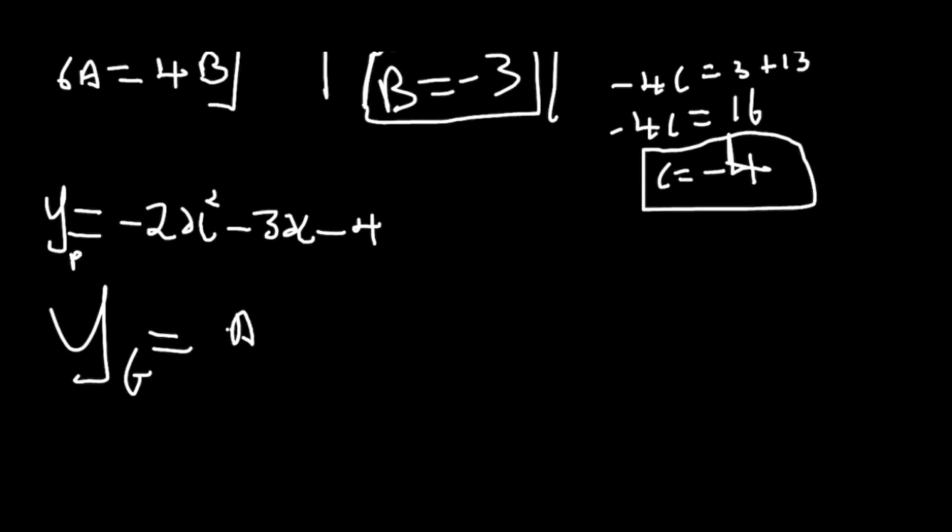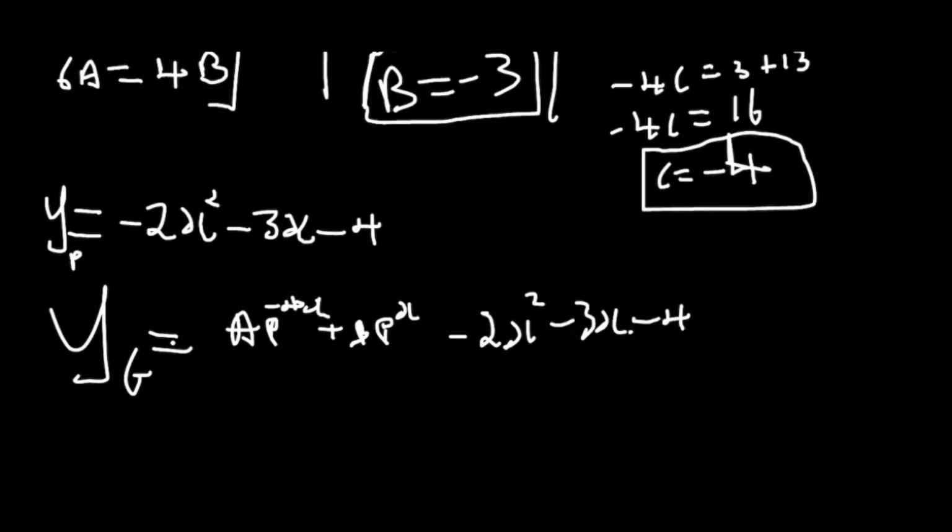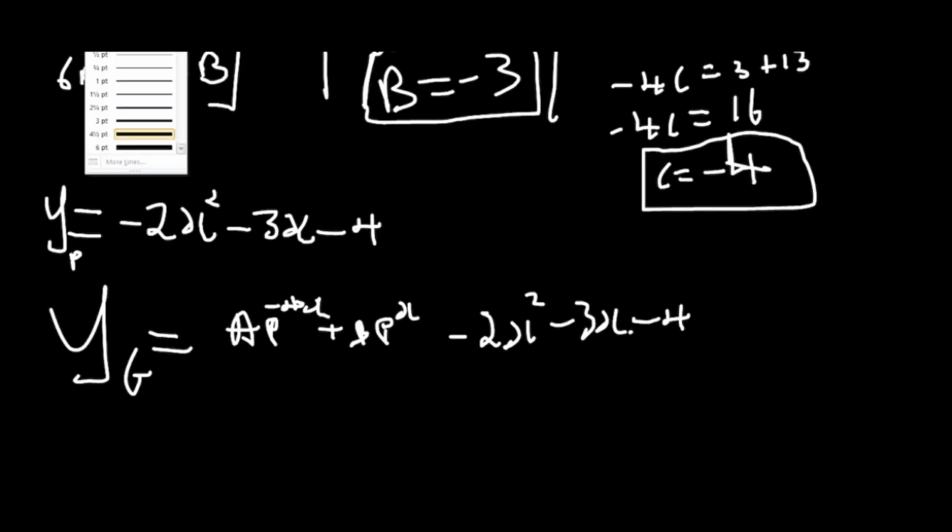We saw that our complementary solution was a e to the minus 4x plus b e to the x. Now our particular solution should be minus 2x squared minus 3x minus 4. So that's our general solution.